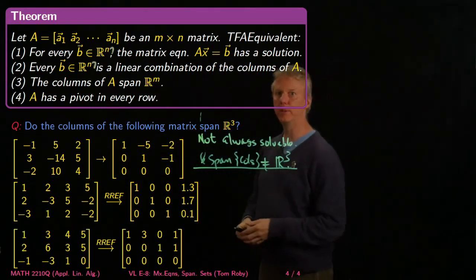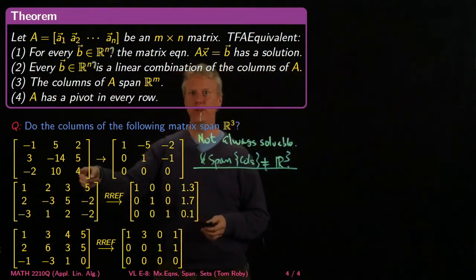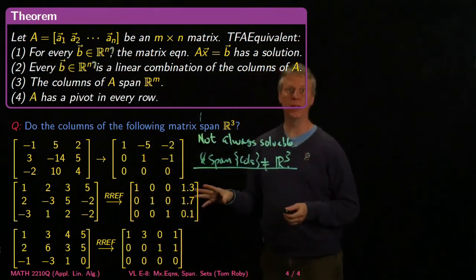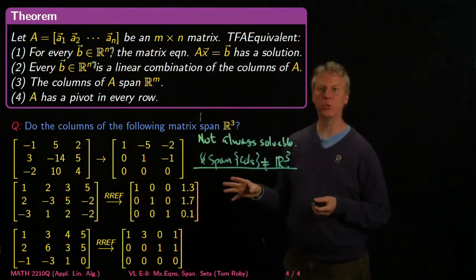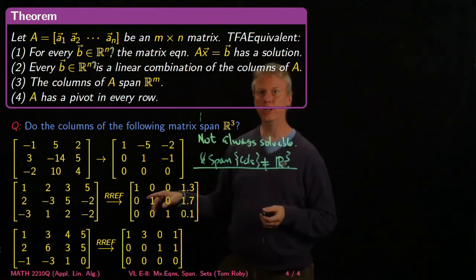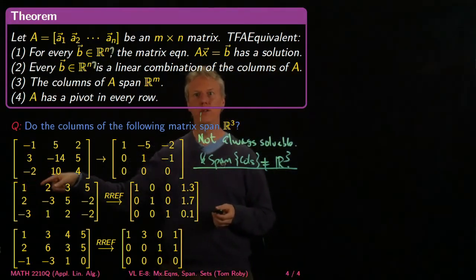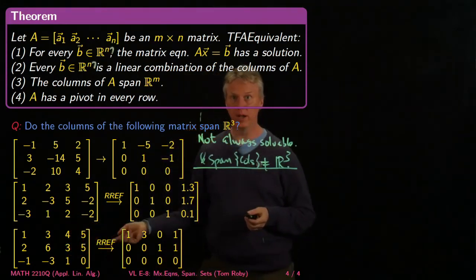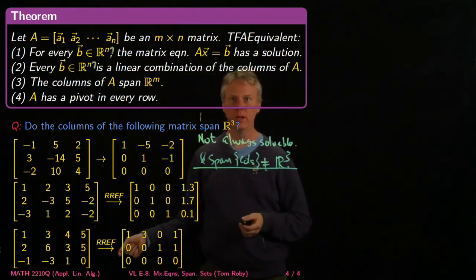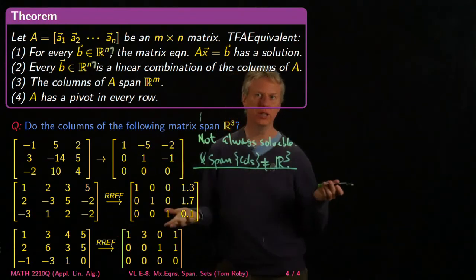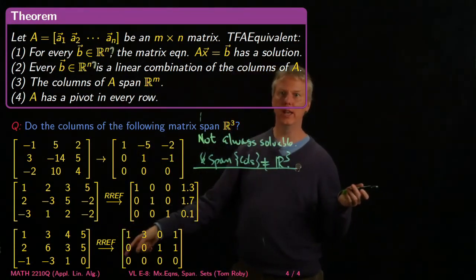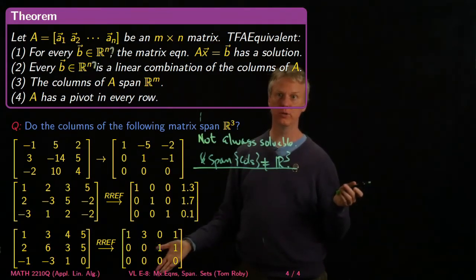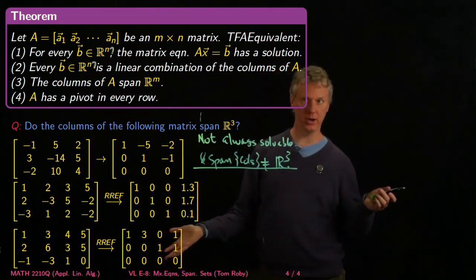Now here's another example that looks pretty similar, right? If I gave you these 2 matrices and just those 2 matrices and didn't tell you anything else, it might not be so quick for you to figure out which of these sets of 4 vectors in R^3 spanned all of R^3 and which didn't. But you compute the row reduced echelon form, which you can do using software quite quickly, and you see that, oh, okay, this row does not have a pivot. So if this row does not have a pivot, then it can't possibly span all of R^3.